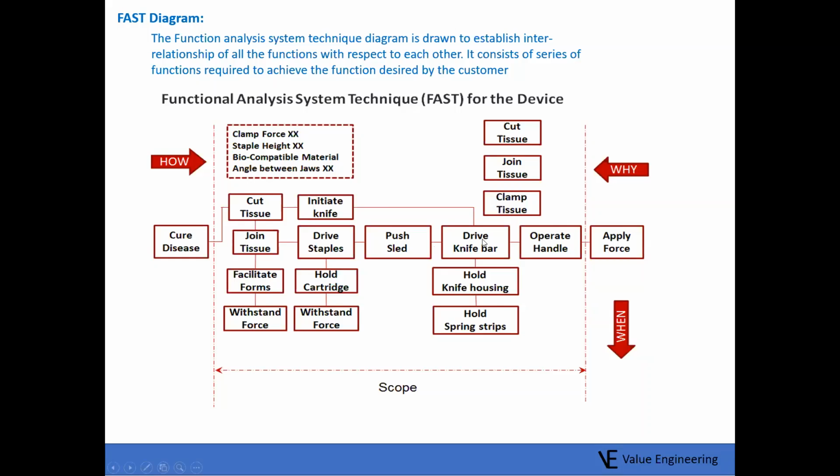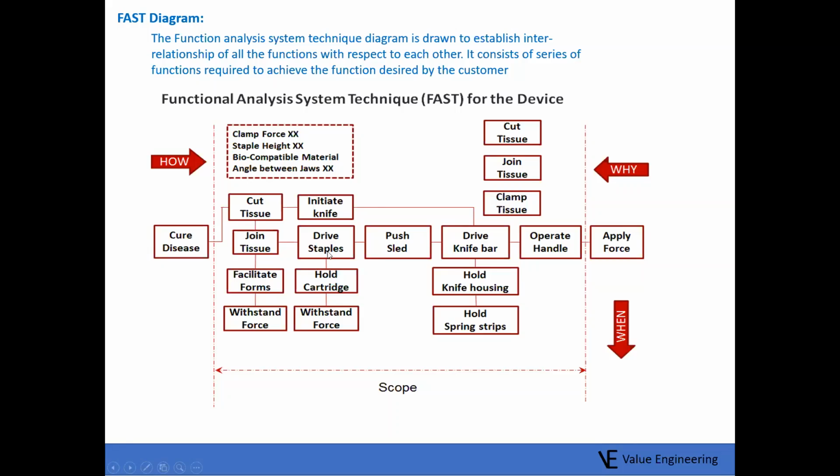So a drive knife bar, and how is the knife bar driven? By operating the handle. How are we operating the handle? By applying the force. Like that, a series of things is happening. Joining the tissue, how is it happening? By driving the staples.